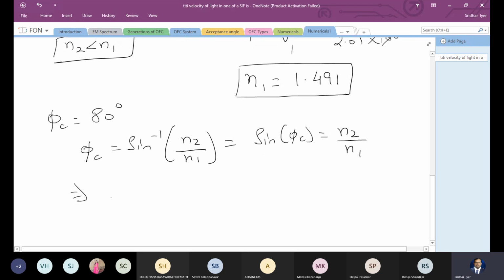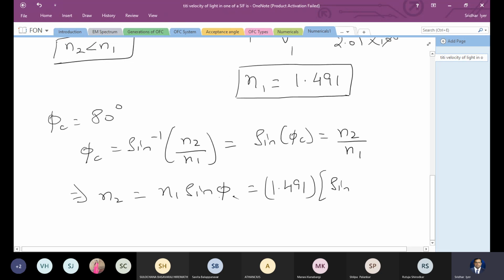Therefore, n2, which is the refractive index of the cladding, will be n1 sine phi c, which is 1.491 multiplied with sine, I'm sorry, this should be phi c. So you have 1.491 sine phi c, and phi c is 80 degrees.